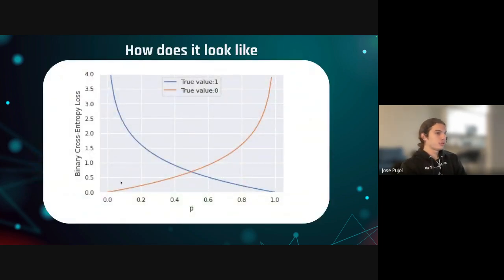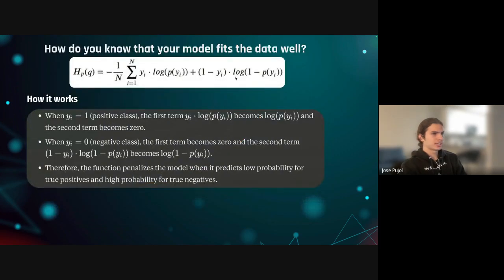When your true value is 0, if you output 0, then the log of 1 minus 0 is log of 1. So that's going to be 0.